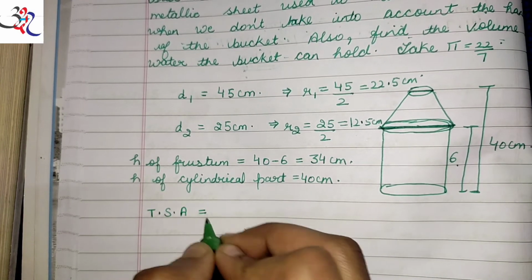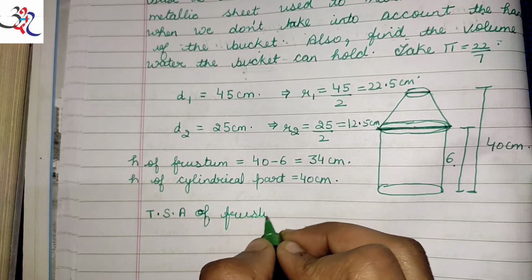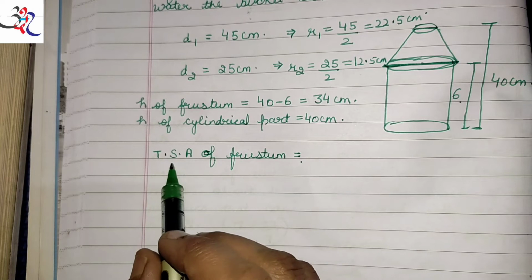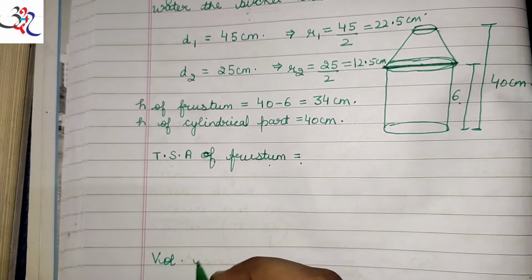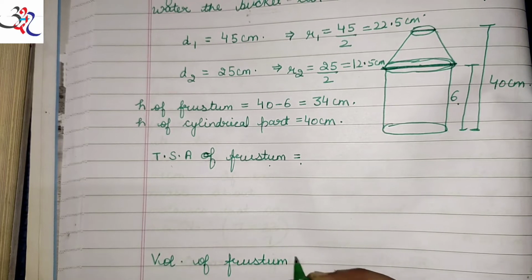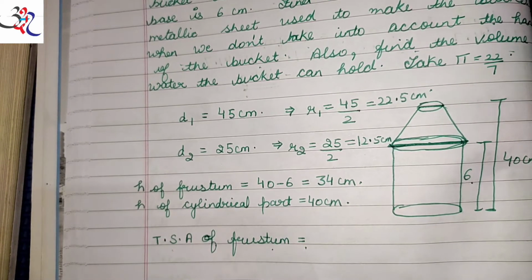First is the total surface area of the frustum, and the second is the volume of the frustum. We know both the formulas, so we will directly put the values in the formula and find out the required result.